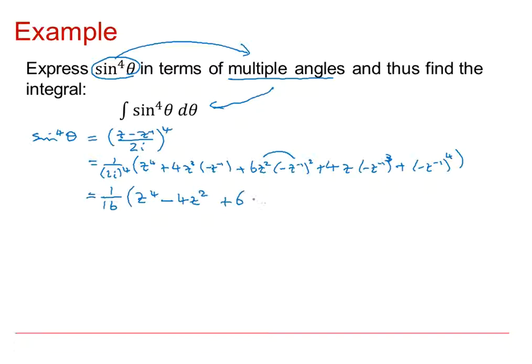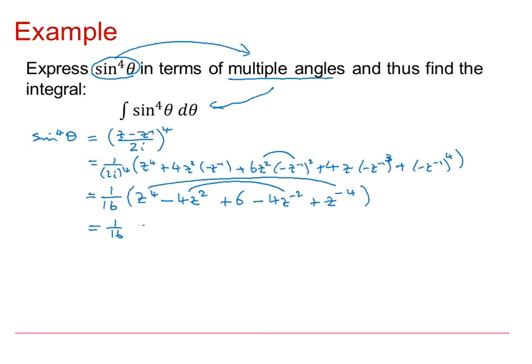And then the next term is minus 4 z to the minus 2, and finally there's a plus z to the minus 4. What we're going to do now is leave the 6, the middle term, but pair up the first term with the last term and the second term with the penultimate term.